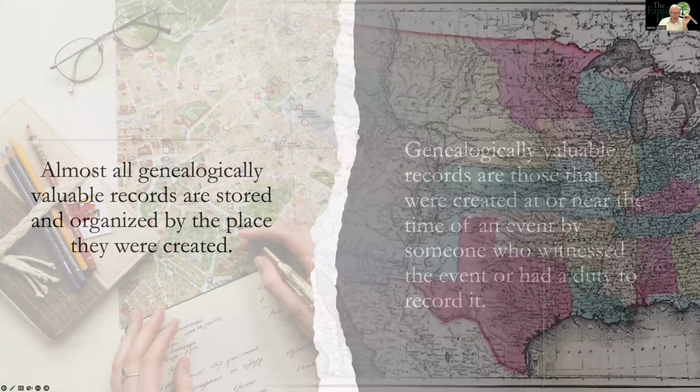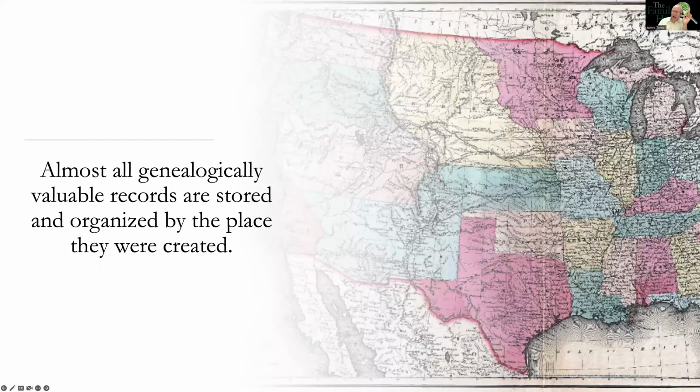Now, almost all of the records for genealogy are identified specifically as genealogical records, as opposed to records that we can get genealogical information from, but that are not strictly records about individuals. What do I mean by the difference?